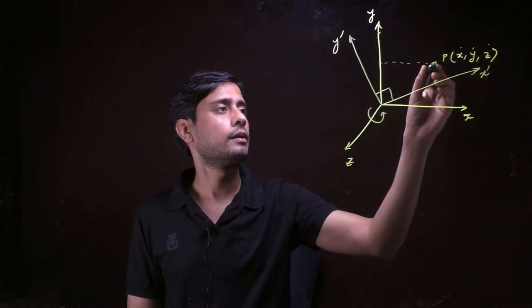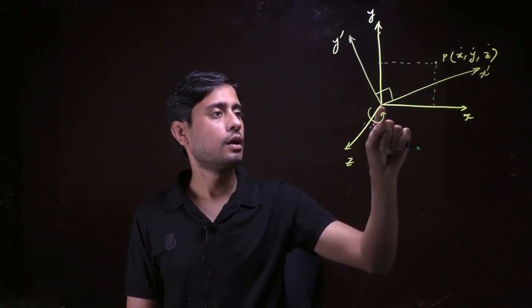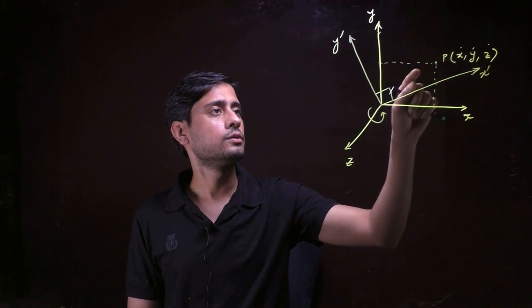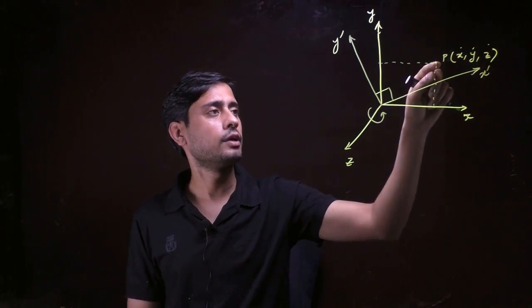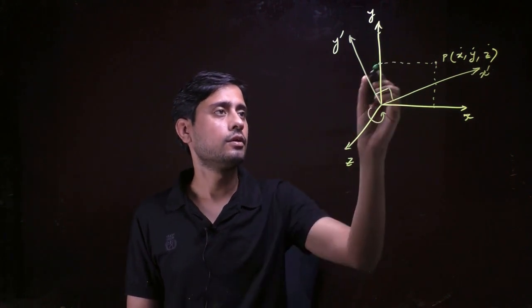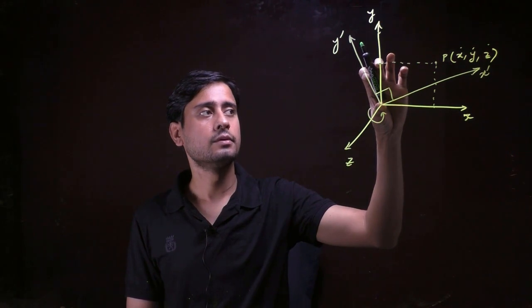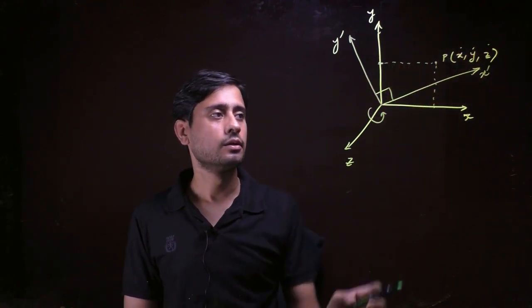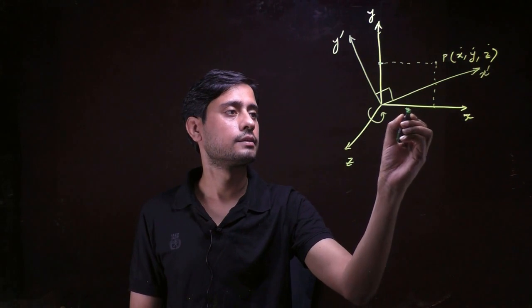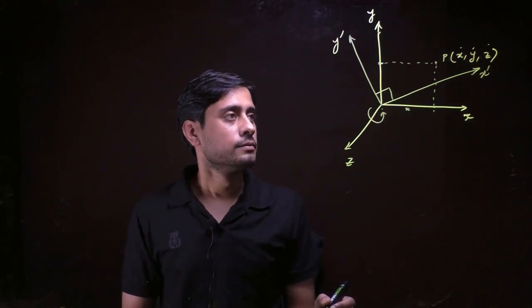If you draw lines parallel to the axes, so if you draw a line parallel to the x axis from point P, it will obviously cut the y axis, and this is called the y coordinate. So this length will be equal to y. Now this length is x. From here to here it is x.